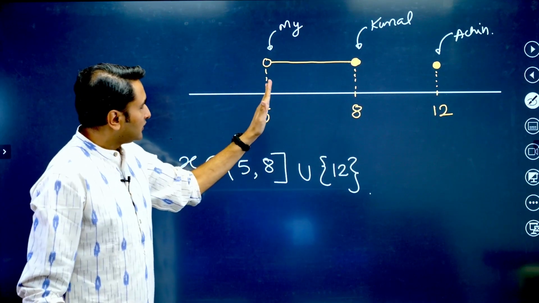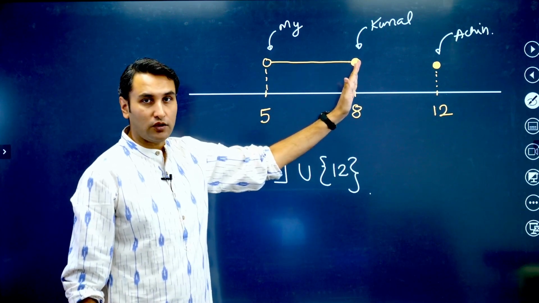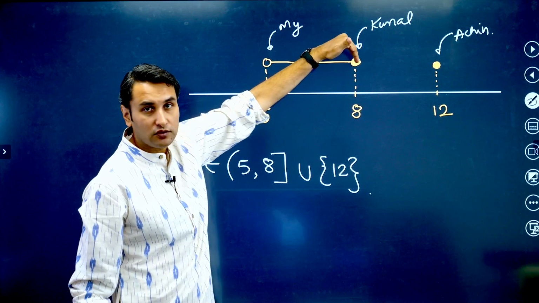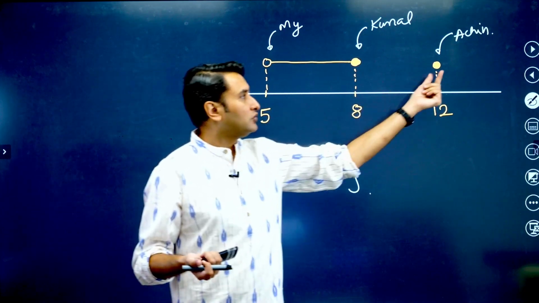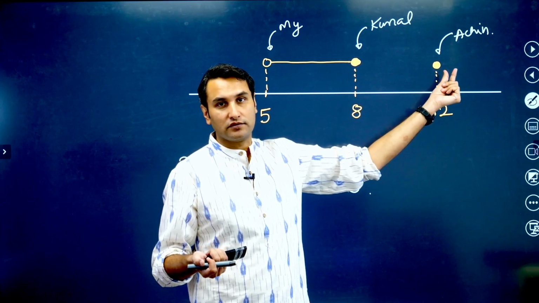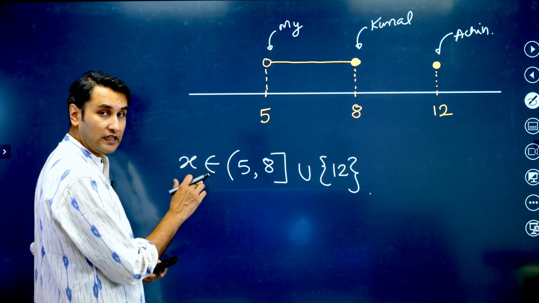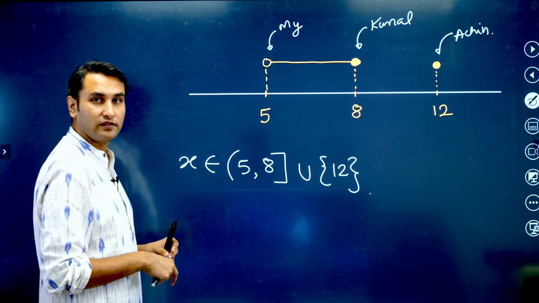So outside my house, walking till Kunal's house, the entire space I have to search, I will search in Kunal's house, stop. Or I have to search inside Achin's house, only number 12. So x lies either between 5 to 8, or x can be 12 as well.